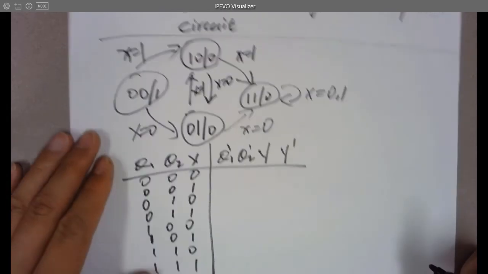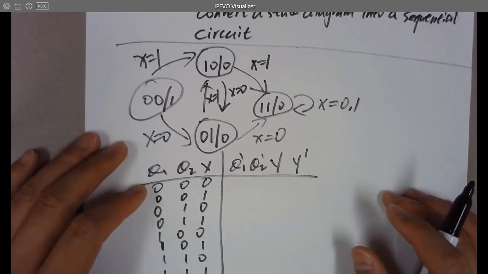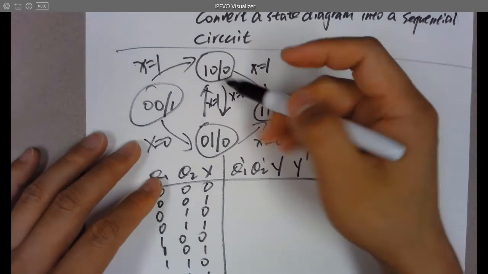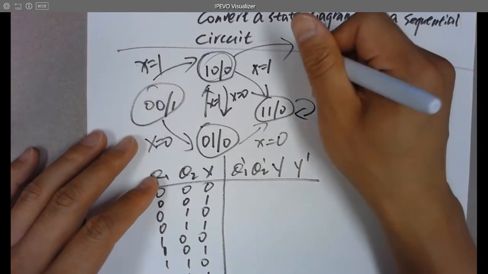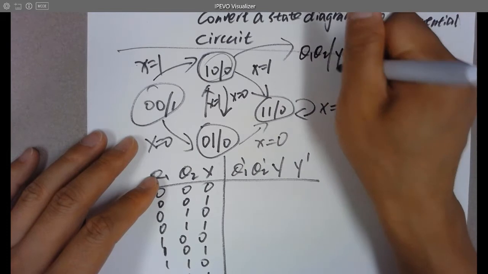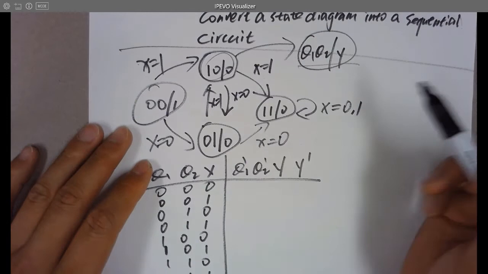Let's take a look at that. So the state is actually Q1, Q2, and y, right? The condition is x. The state is Q1, Q2, y.